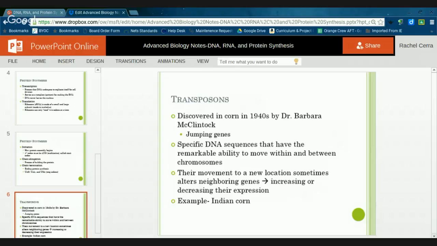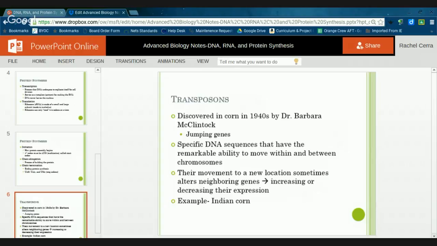Either themselves or a gene. So, if you look now, I know I'm flipping back and forth. If you look to the back of the hand-drawn doodles, I've got a picture that kind of explains the Indian corn. The Indian corn is a prime example of the transposons. It's the easiest example.